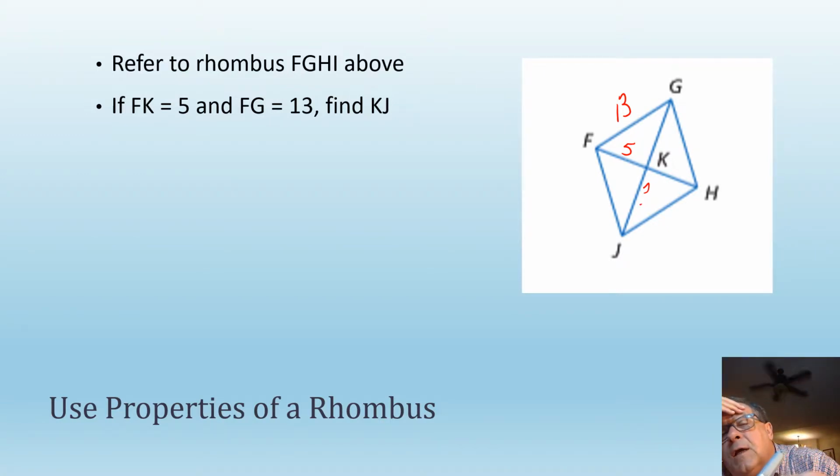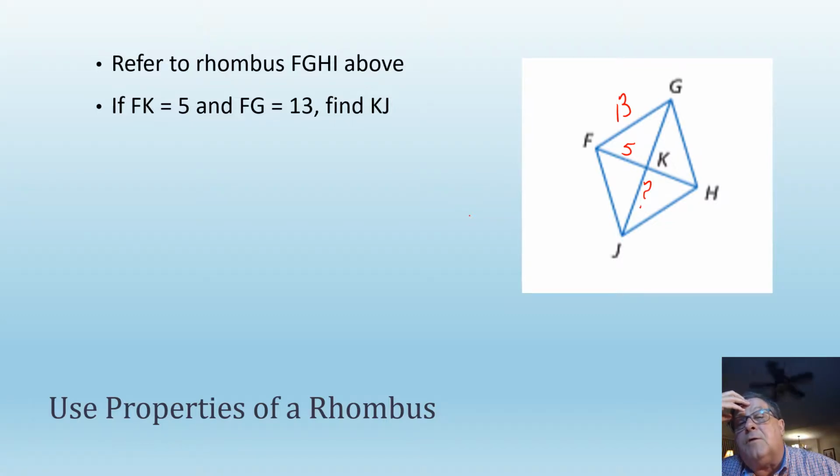What is KJ? Well, one of the properties of a rhombus, which is the singular version of rhombi, which is plural, is that all of its sides are equal.